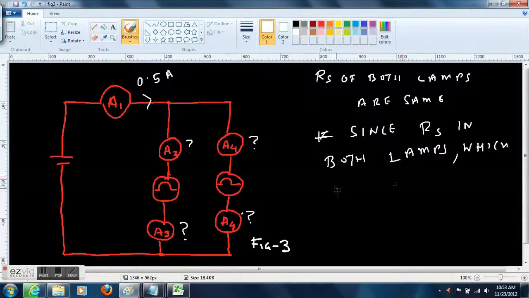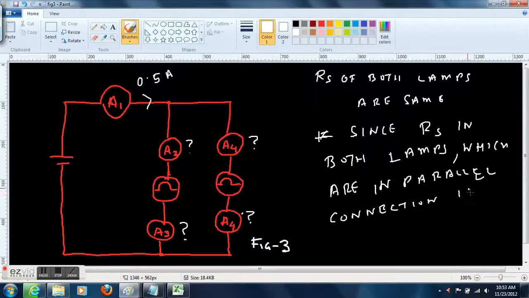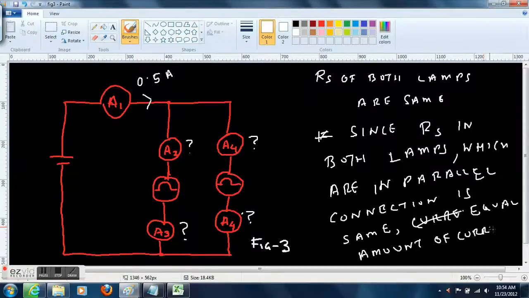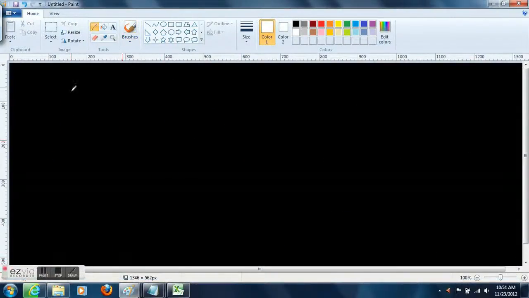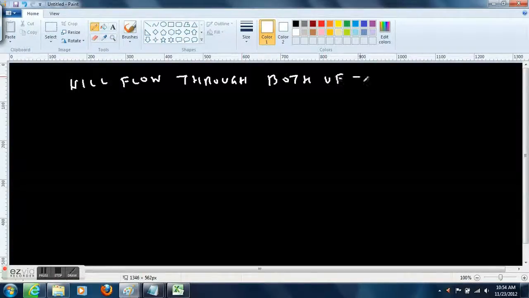Now since the resistance in both lamps, which are in parallel connection, is the same, if both the resistances are the same, then an equal amount of current will flow through both of them.